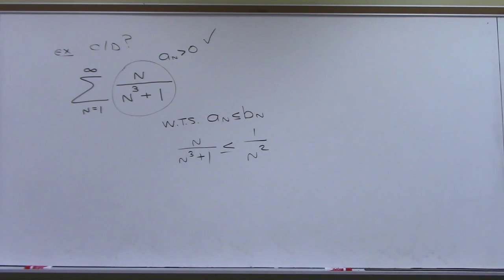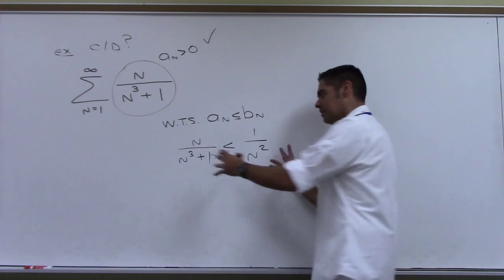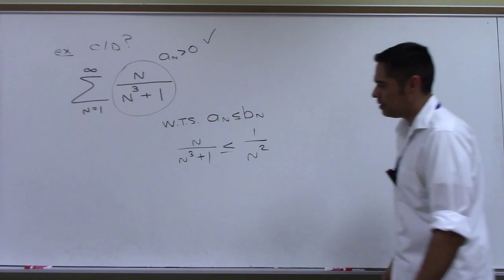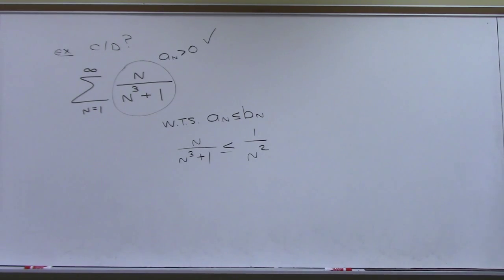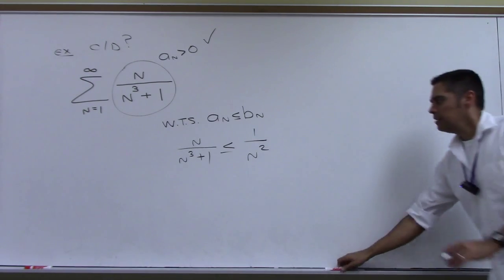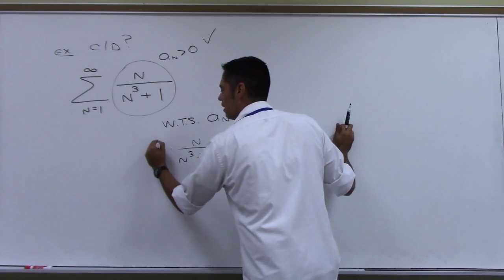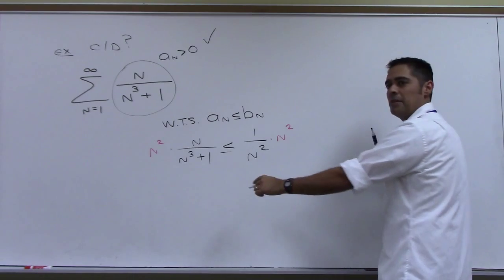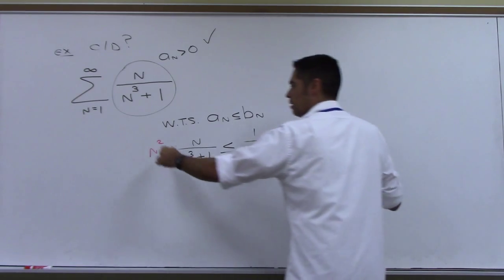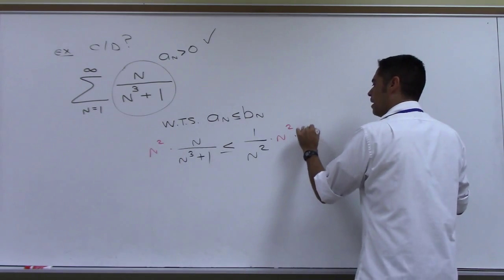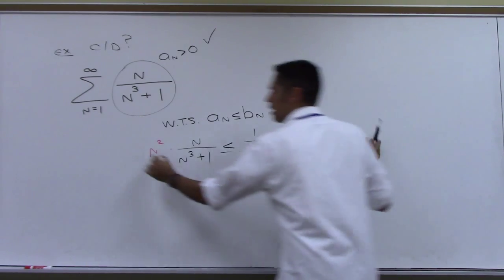What do you do? Yes, I guess you could say that, but you don't need to add. Okay, I think you just put it back into n squared here, n squared here. That'll clear out the n squared here. And then you also multiply n cubed plus 1 here, n cubed plus 1.